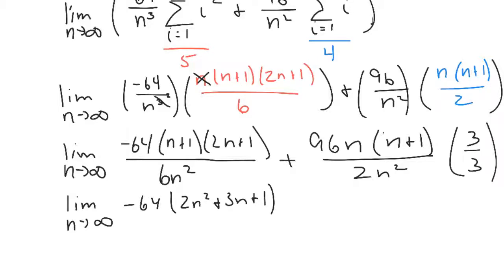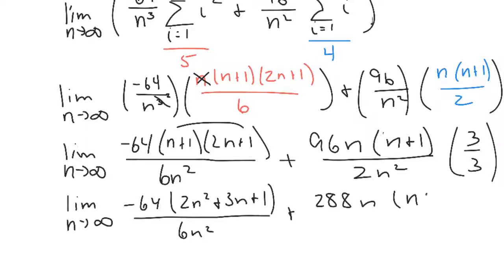I just multiplied these two binomials with each other, over 6n squared plus 288n times n plus 1 over 6n squared.